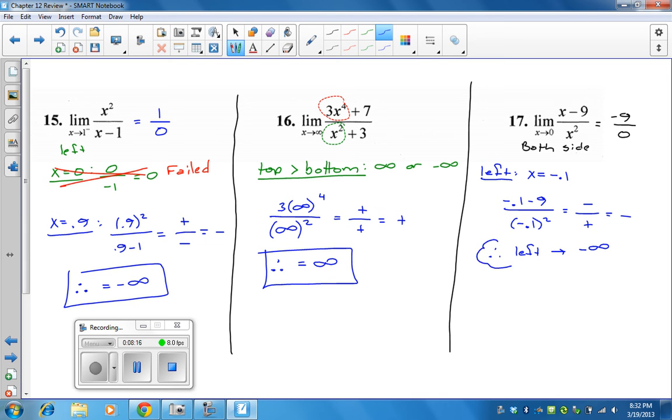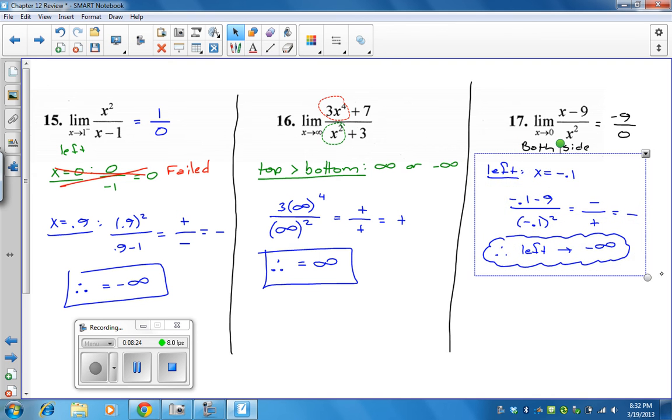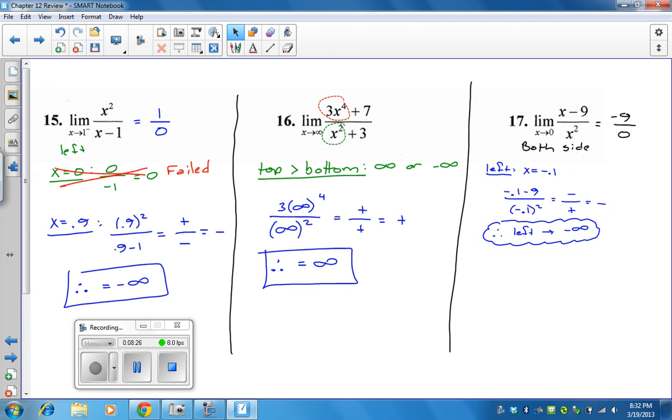And that's important. So we're going to put that on hold for a minute. And now I need to look at the right side of this limit. Let me give myself a little bit more room here. Alright, so let's look at the right side. Okay, something on the right side of 0 would be something like 0.1.